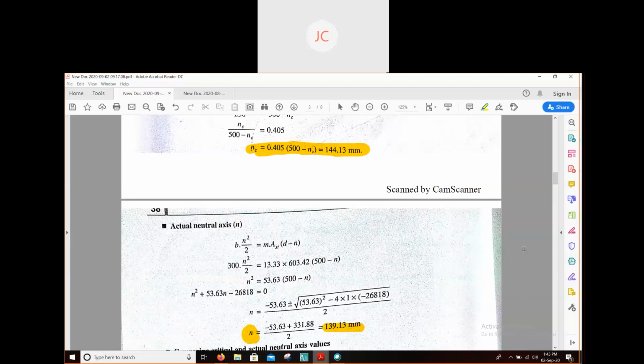What will be the type of section if N is less than NC? Under reinforced, over reinforced, or balanced?